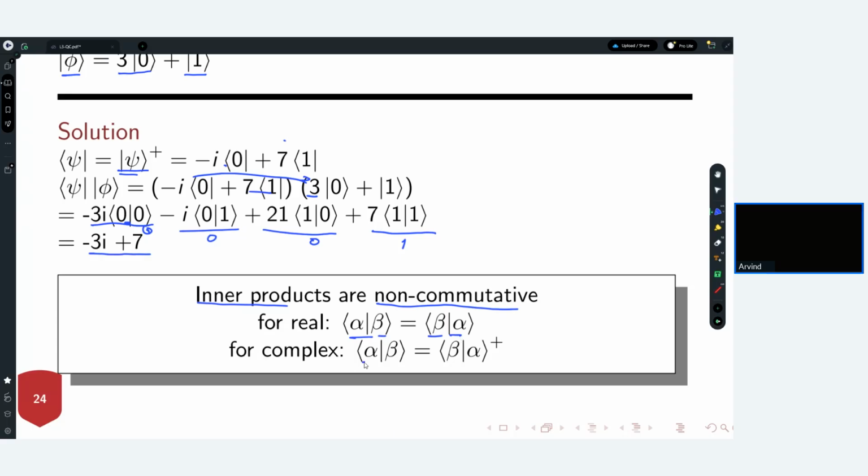Otherwise, if there is any complex term, then bra alpha multiplied with ket beta is equal to bra beta multiplied with ket alpha, and we need to take its complex conjugate. So this is all about the bracket notations, 6 different bracket notations. Thank you.